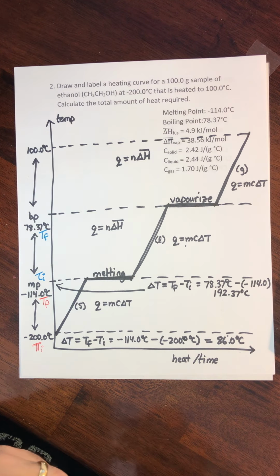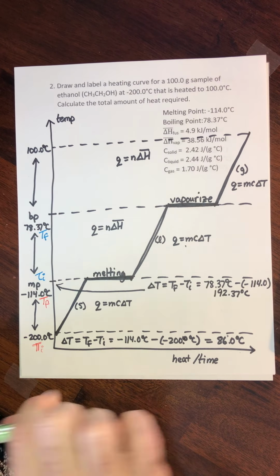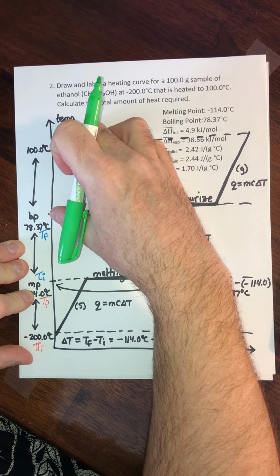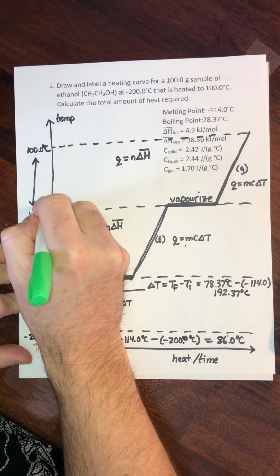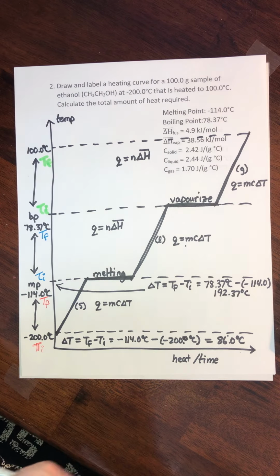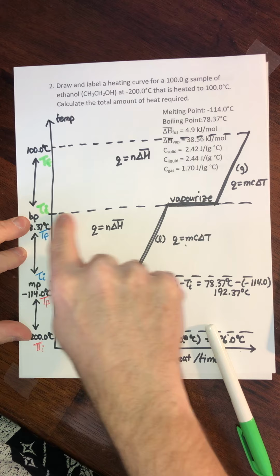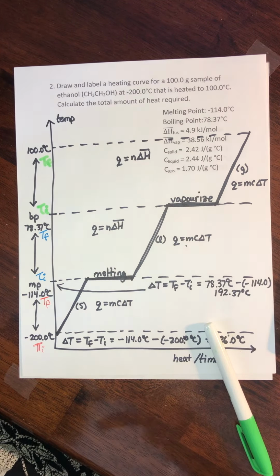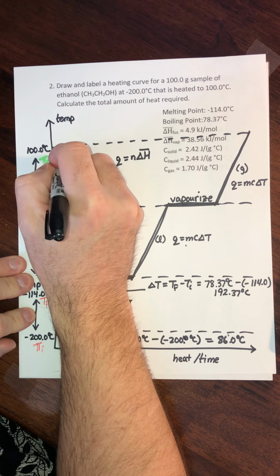All right, if we talk about the gas, at this point you can anticipate what's going to happen. If this is my gas, and this is the temperature change for the gas, and the temperature is going up, this is my initial, and this is my final. For this part of the graph, the last temperature of the liquid, T final for the liquid, becomes the initial temperature for the gas, because it's changing from liquid to gas. All right, let's squeeze in my delta T right here.